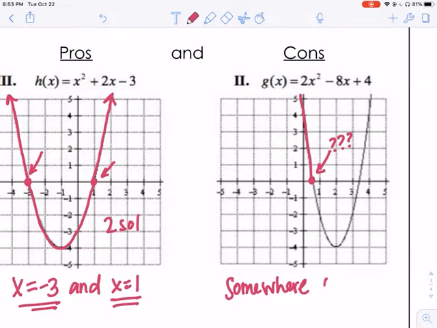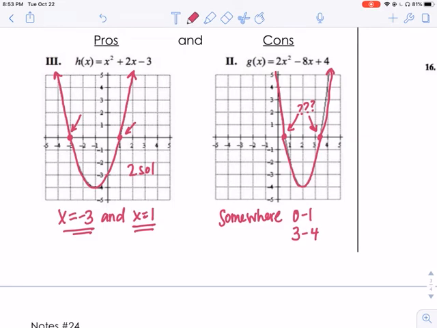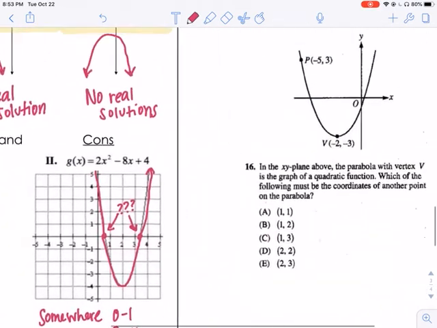And then going down this way and back up, maybe it's close to 3 but less than 4. I don't really know that one either. So solving by graphing is not that helpful if you just have points like that. There are some situations in which it's good and some where it's bad.